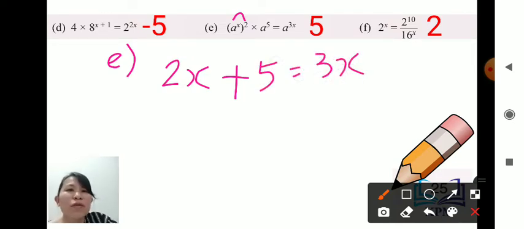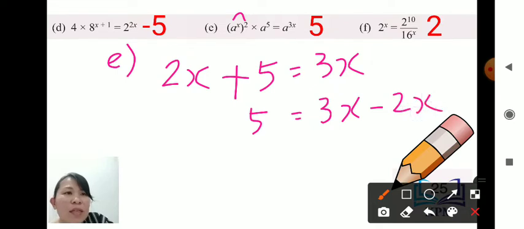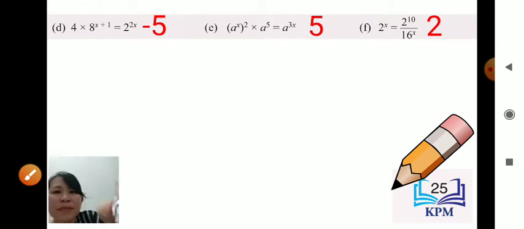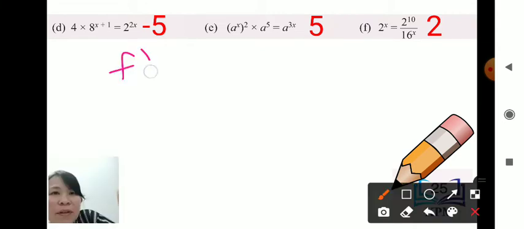You can just move 2x to the other side, so it will be 3x minus 2x. So x is equal to 5. This is correct. F. Try question F.